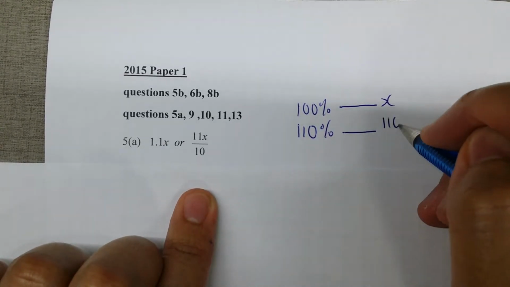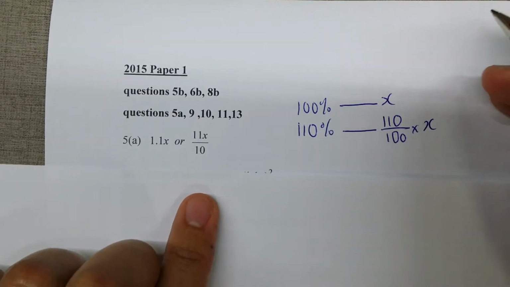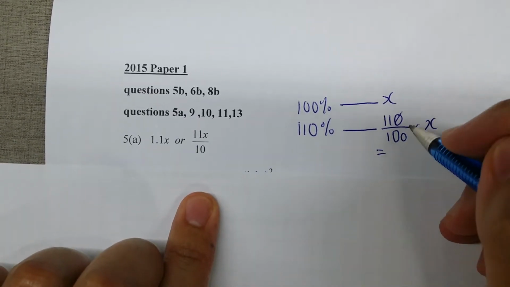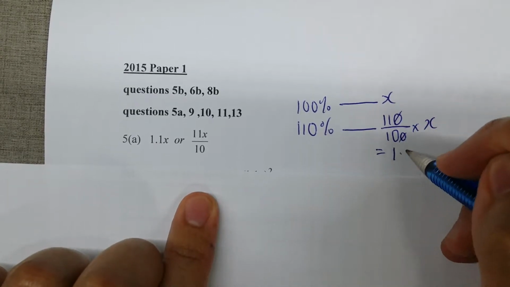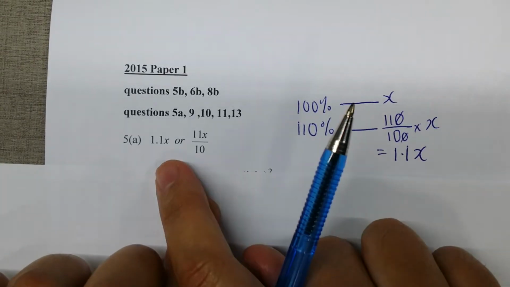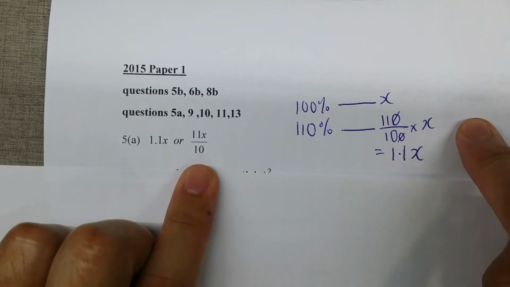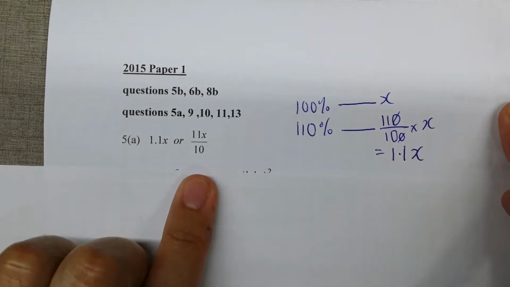Simply 110 over 100 times x. Can I simplify this or not? Cancel, cancel. 11 divided by 10 is 1.1, so it's 1.1x. Straightforward. That's how you get the answer 1.1x or 11 over 10x. Both answers are acceptable. Okay, next question.